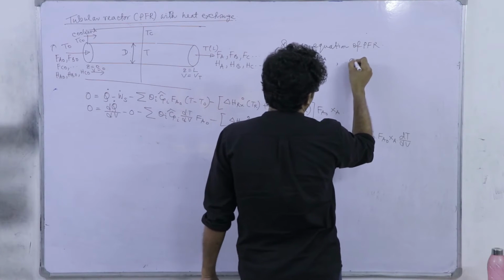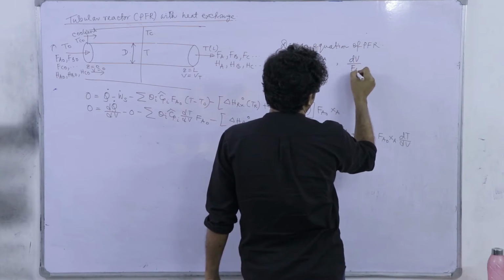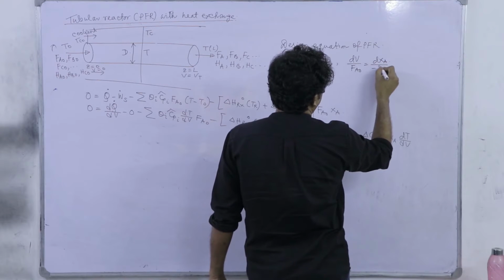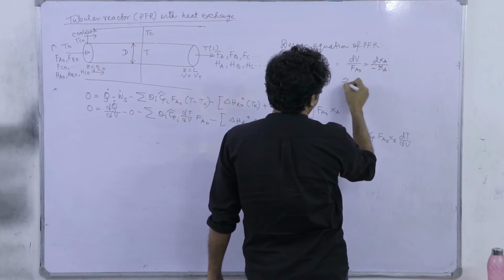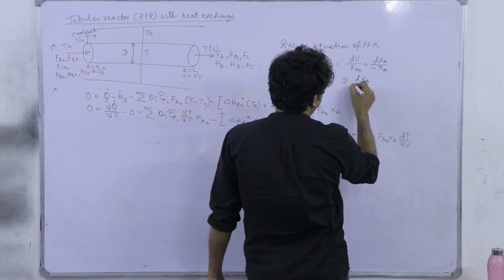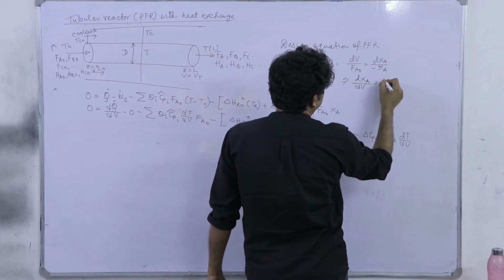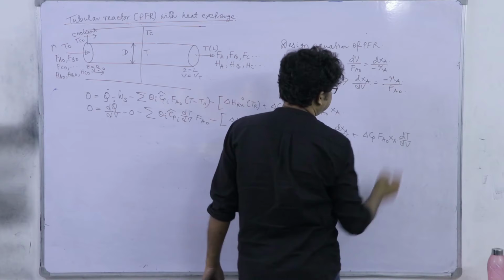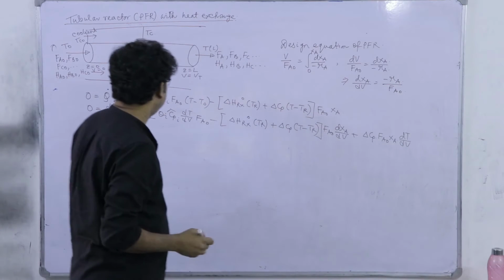So, if we take the differential, it will be dV by Fa naught into dXa by minus Ra. So, obviously, dXa dV is equal to minus Ra by Fa naught.